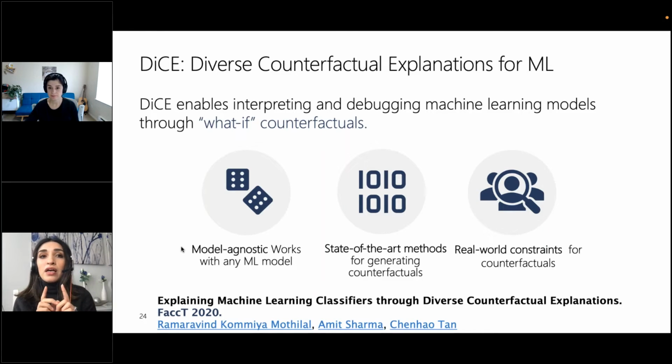Now, the science behind this counterfactual analysis is powered by a library called DICE, which stands for Diverse Counterfactual Explanations. It's model agnostic. It works for any machine learning model. It's a state-of-the-art method for generating counterfactual explanations, and it allows you to specify what factors the counterfactual module is allowed to change and in what range.